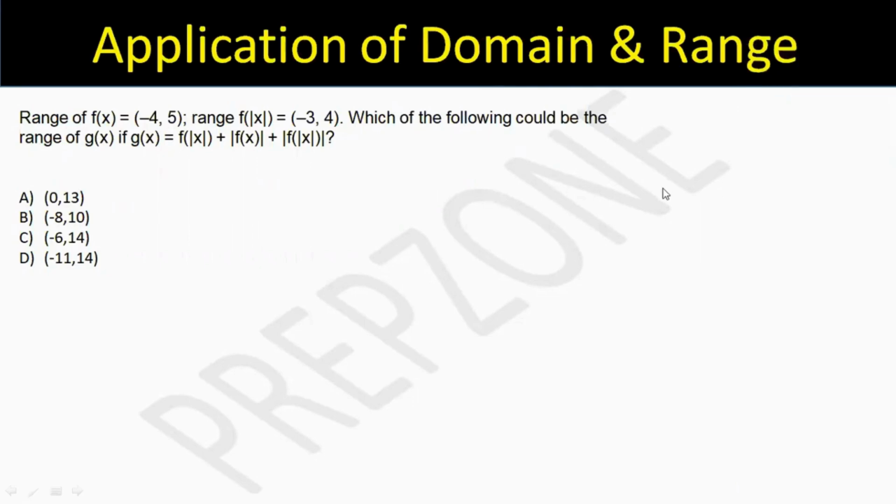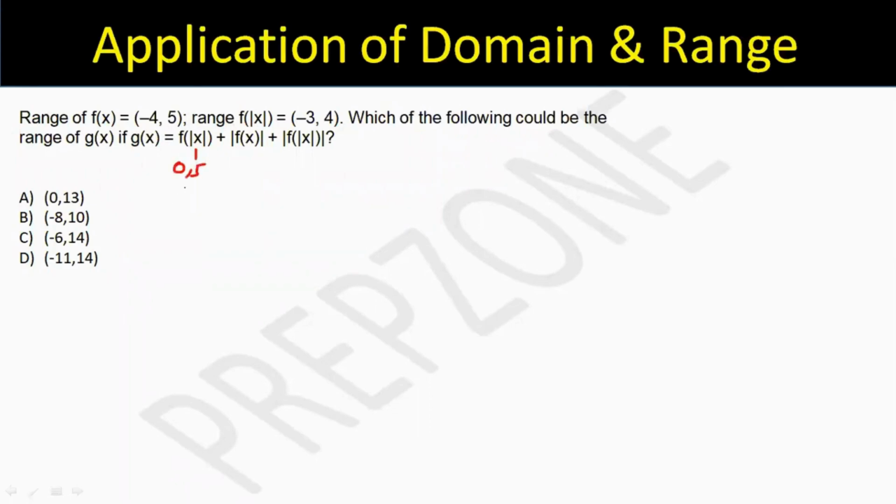Yeah. So first of all, if you see f of x, the range of f of x is -4 to 5. So f of mod x will be coming to 0 to 5 if we take the union. So this range would be 0 to 5.